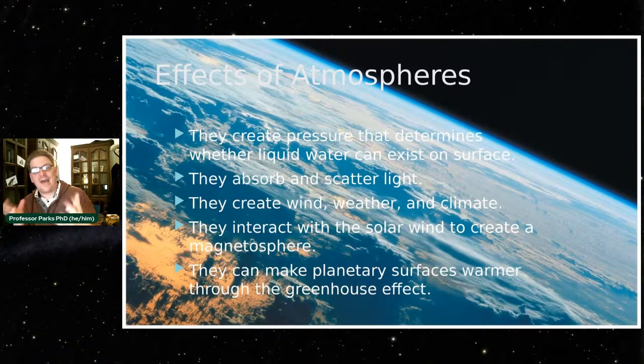That is the primary reason why Mars does not have any liquid water on its surface at the moment: the atmosphere is so thin that the pressure is not great enough, so even if the underlying ice would melt and rise to the surface, it would immediately boil off. Atmosphere will also absorb, refract, and scatter light.